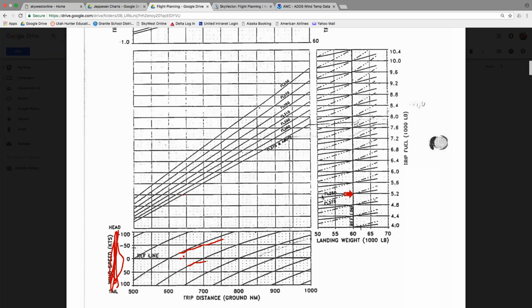8250. So that's our estimated fuel. That's why we're doing one together first. Okay, you guys are keeping me on the straight and narrow here.